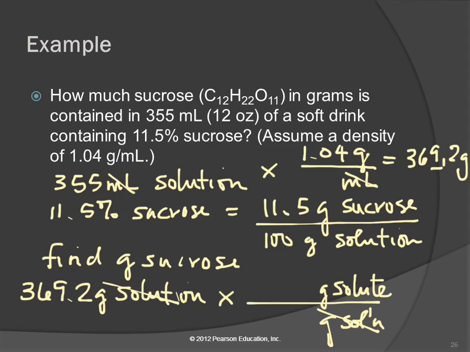So solution is on the bottom, there was 100 grams of that. Solute's on the top. So we have 369.2 times 11.5 divided by 100. And now I'm going to round to 3 significant figures, and we're going to get 42.5 grams of sucrose.